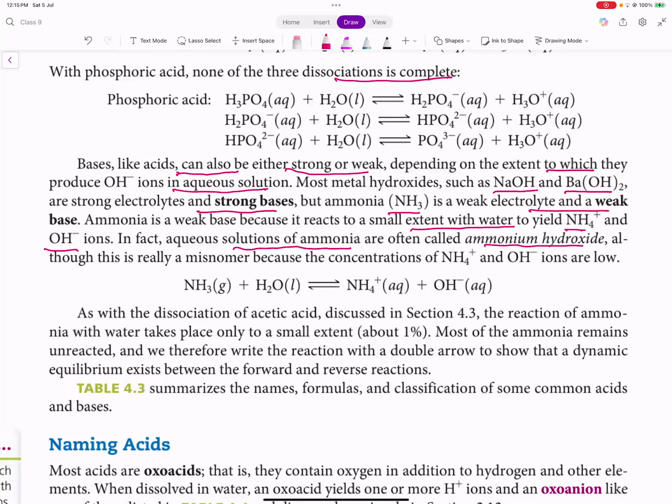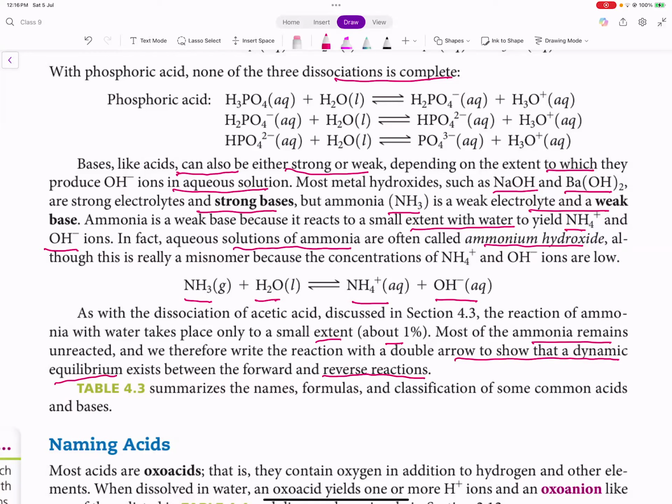But see, ammonia is a gas, water is a liquid, and after dissolving, we have to write NH4 plus aqueous and OH minus aqueous. Okay. So the reaction of ammonia with water takes place only to a small extent, about 1%. Most of the ammonia remains unreacted, and therefore we write the reaction with a double arrow to show that a dynamic equilibrium exists between the forward and reverse reactions.